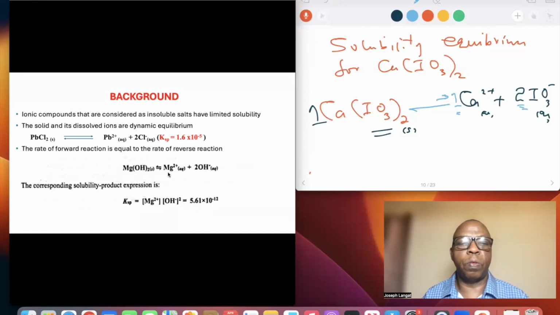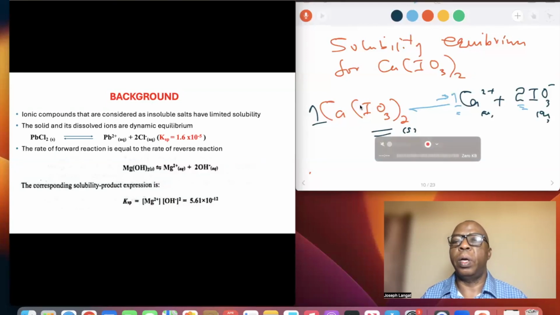Because of the small concentration of each ion, the ion product constant Ksp is way too small, 5 times 10 to the negative 12 is the solubility product, or Ksp.